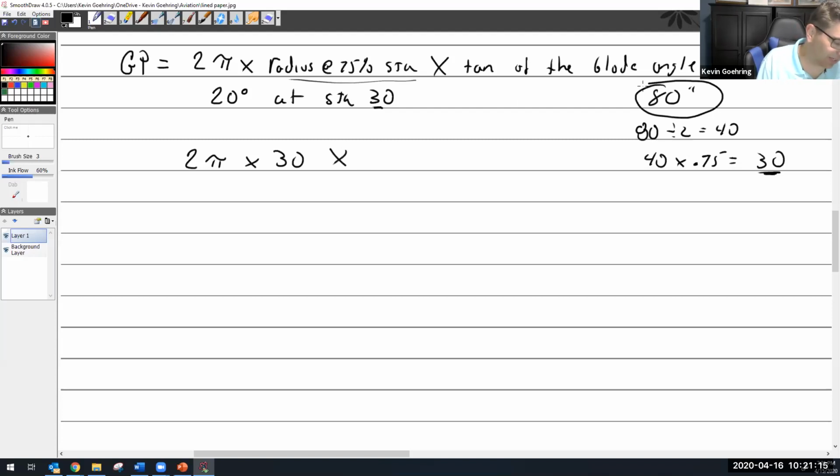Now, this is something you can use your calculator for, or use a tangent table. So I go 20, tangent, oops, sorry, tangent 20 equals, and it's just a mathematical thing.